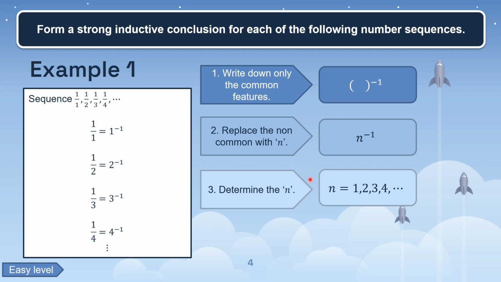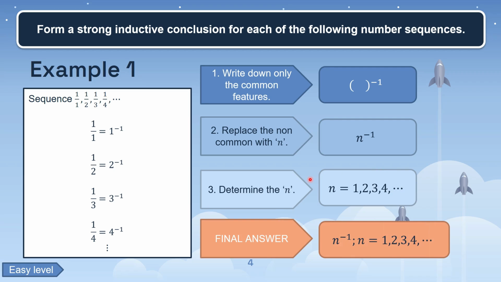The final answer is in this form: n power of -1, where n is equal to 1, 2, 3, 4 and so on, with the 3 dots. This is the form of the final answer.